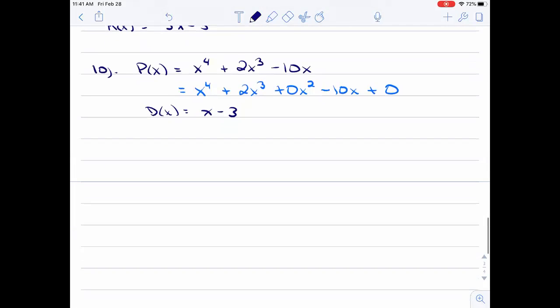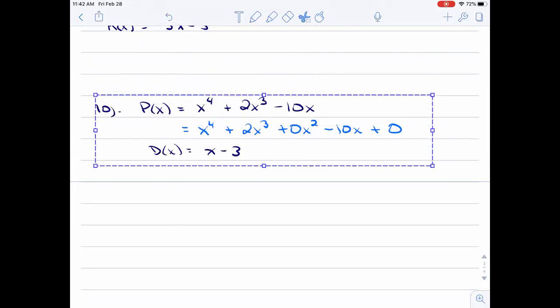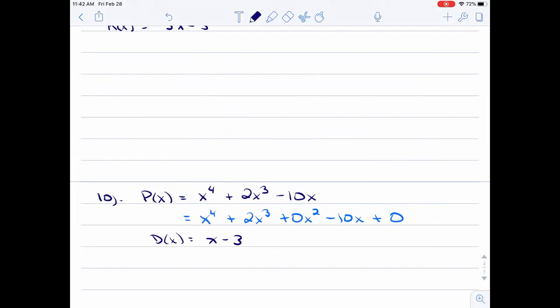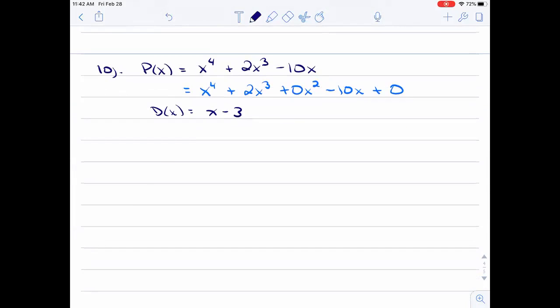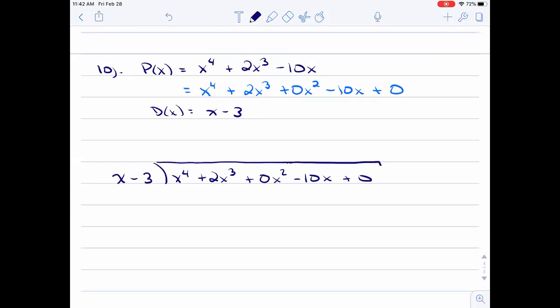Okay. Put this on one page. X minus 3 into x to the 4th plus 2x to the 3 plus 0x squared minus 10x plus 0. How about we do this one alongside each other? Try it.